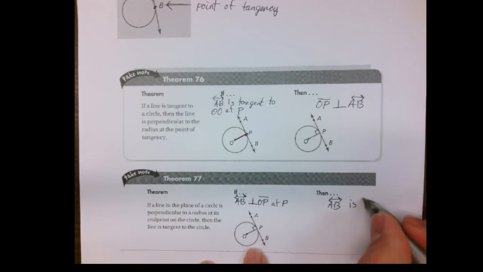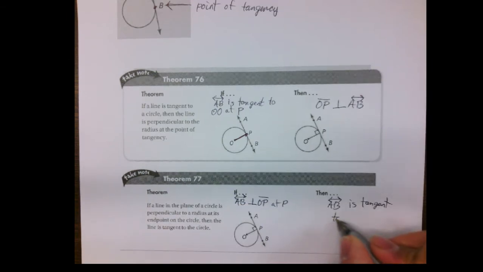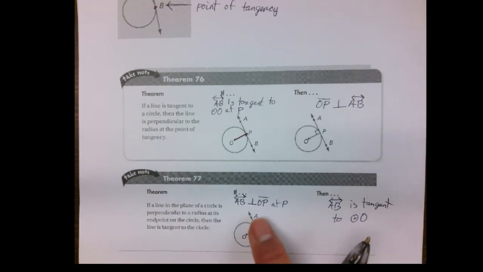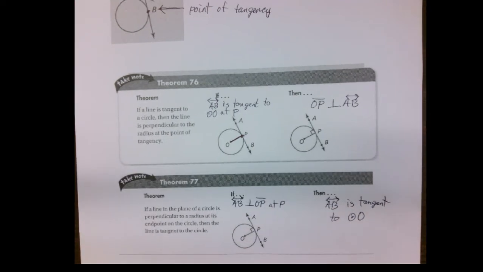Now this was assuming that we didn't know this was a tangent line in the first place. So it is tangent to circle O. If the radius and that line are perpendicular at the endpoint of the radius, then that must be a tangent line.